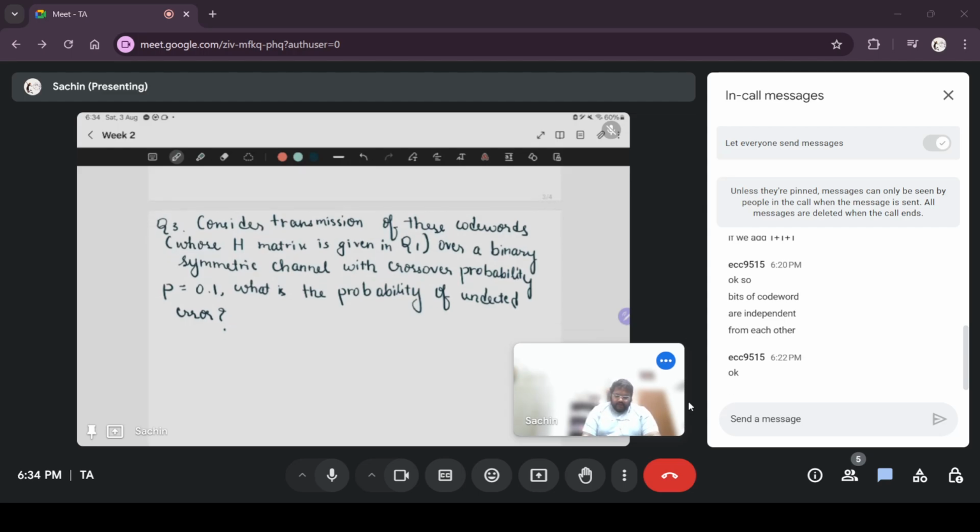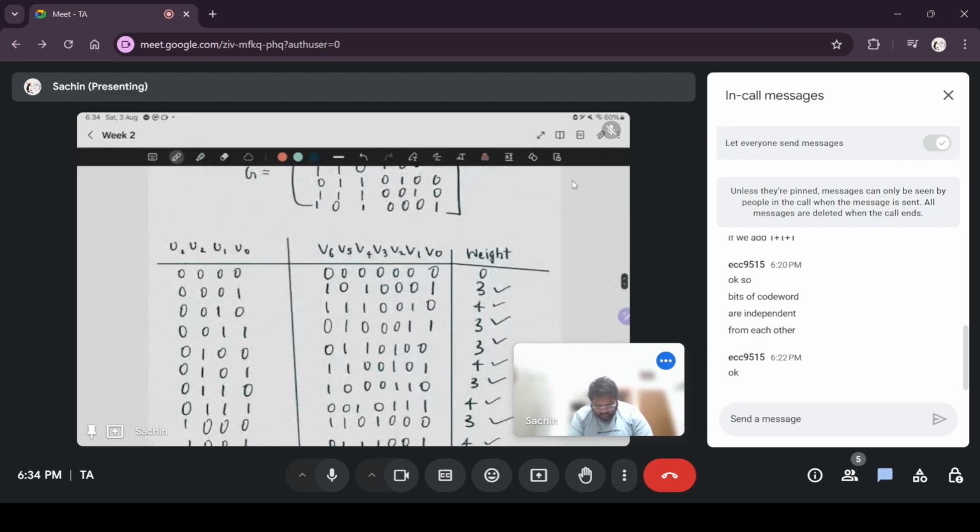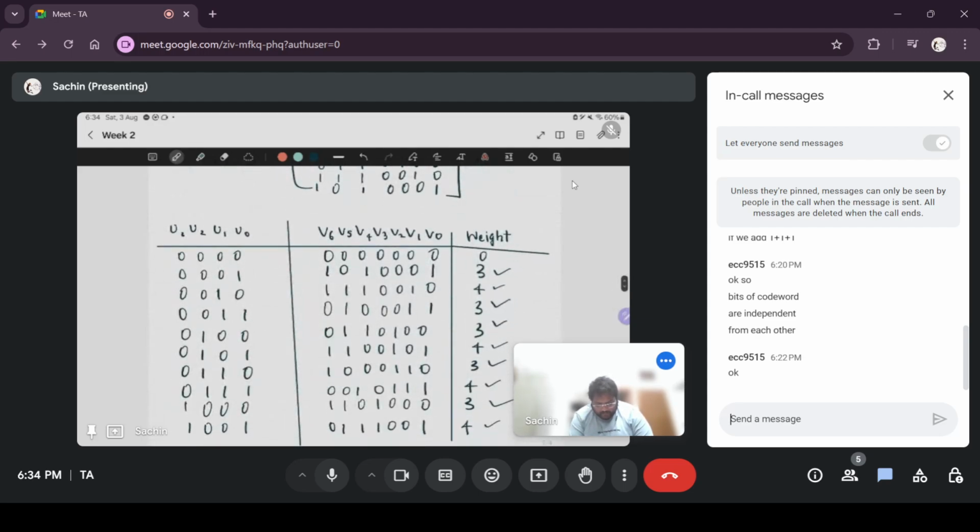So you have this code word or code book. The set of all code words is called the code book, along with the mapping between your message to the code word. So you have your code book that is given in this table. This table is what you would call a code book. So you can just directly look at the message and see what the code word is supposed to be, or you can see the code word and figure out what message would give rise to that code word.